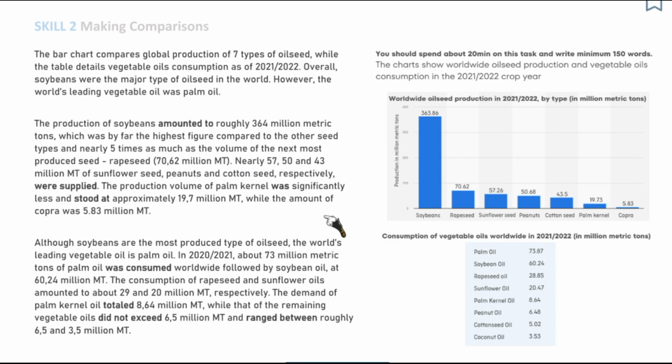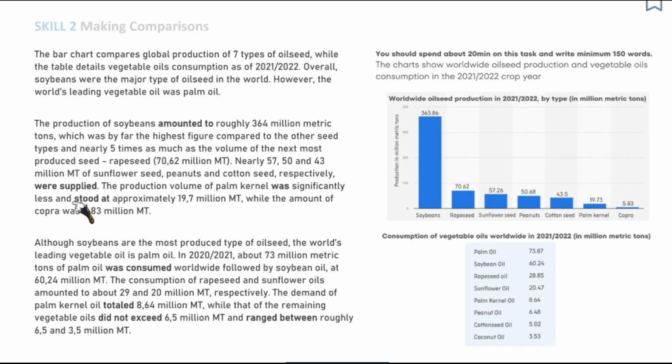So again, when you're writing a report, you will often have to talk about numbers, figures. You will have to describe amounts or numbers or percentages, and to do so you have quite many synonyms. And here I have highlighted all of them that I have used in this report. So once again, you can use the verb amounted to, the production amounted to.